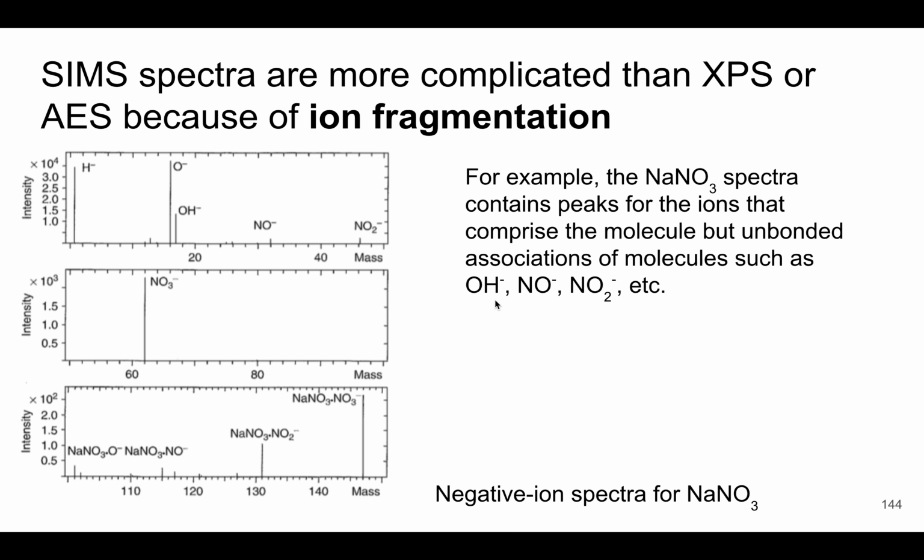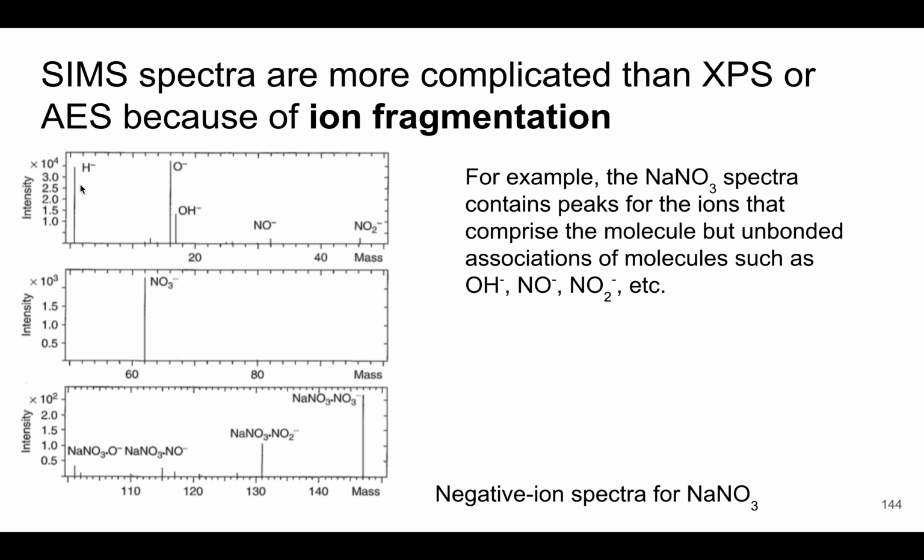So we can have OH groups from that. We could have NO positive, NO2. And so you see that there's different fragments of this spectrum that we could have. And so here on the actual spectrum, the negative ion spectrum for sodium nitrate, we see those different containing groups.